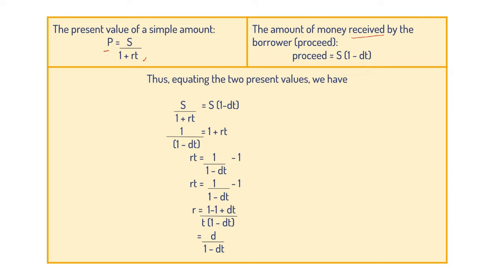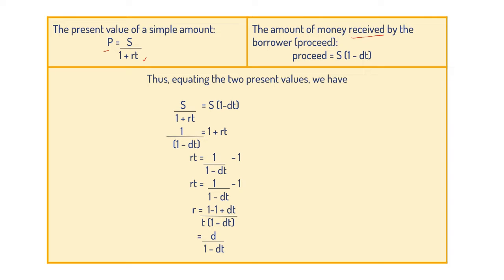The formula is proceed equals S times 1 minus D times T. Thus, equating the two present values, on the left hand side we can write S over 1 plus RT, and on the right hand side we will have S times 1 minus dt. Simplifying, we get 1 over 1 minus dt equals 1 plus RT.